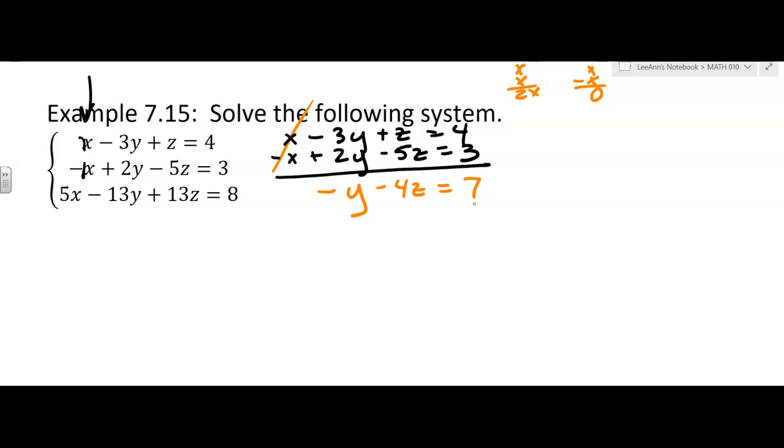Okay, now we want to take this equation and eliminate the x's. I can get rid of those ones I wrote in. So how can I do that? Well, if I were to multiply this equation by 5, then that would look really good.